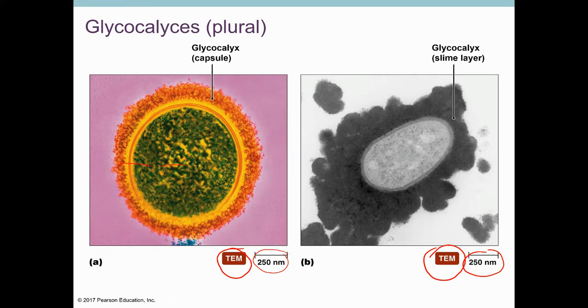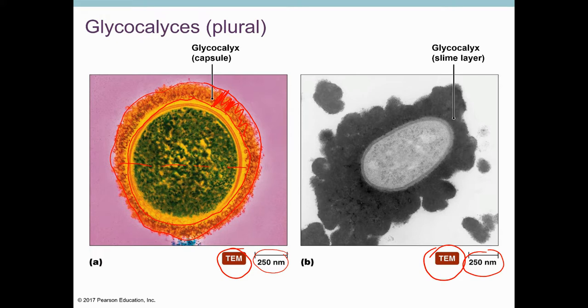You can see it's about 1 micrometer across probably in the end. But what we're focusing on here, and remember, this is an artificial colorization on part A, is this fuzzy looking orange layer here between the lines I'm drawing. That's the capsule for that cell. So that's kind of what it would look like under the microscope. And then they colorized it so that you can see it a little more clearly.